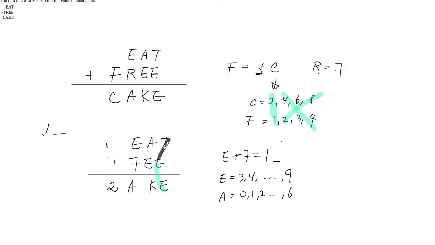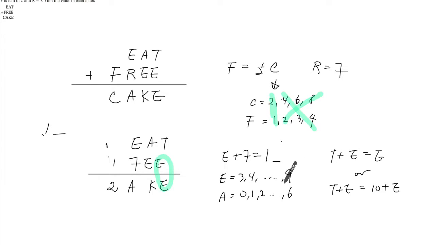Let's look at this here, right? EE. So we have T plus E. So T plus E is equal to E, or maybe 1 carried up. So T plus E is going to be 10 plus E. Okay, and E can only be from 3 to 9.